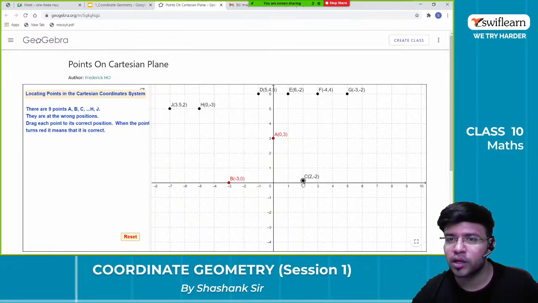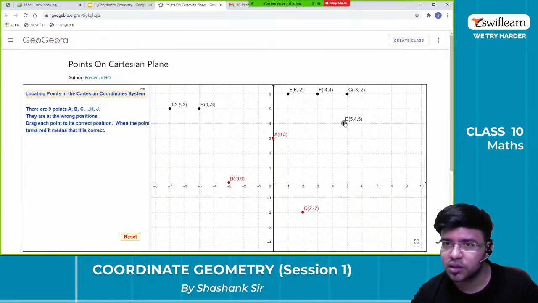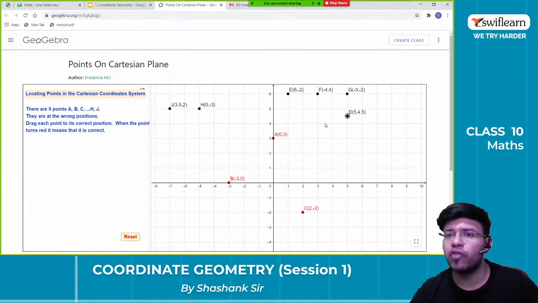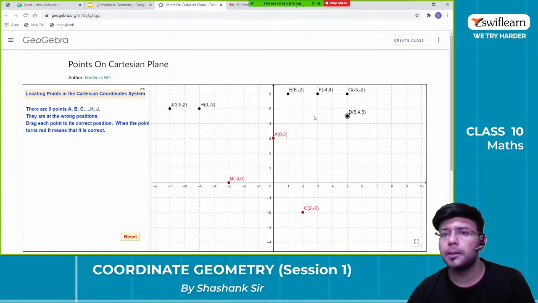X coordinate is 2, Y coordinate is minus 2. D (5, 4.5). How much is the X coordinate? Yes, it is 5. And how much is the Y coordinate? It is 4.5. Somewhere approximately here, between 4 and 5, this should be placed.